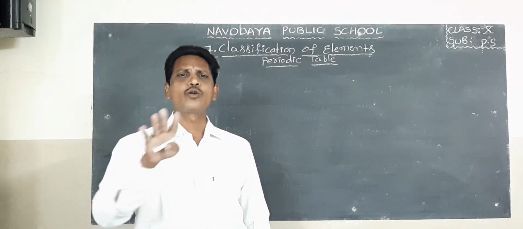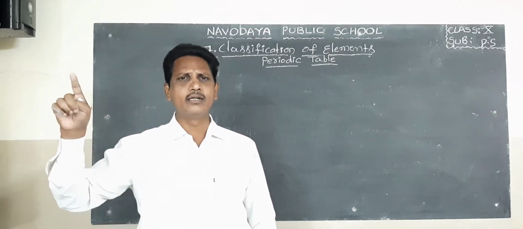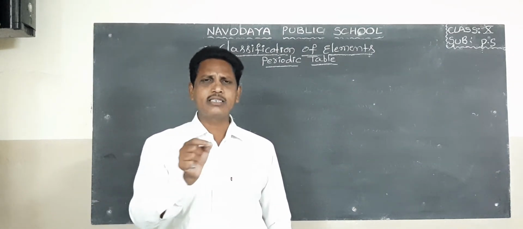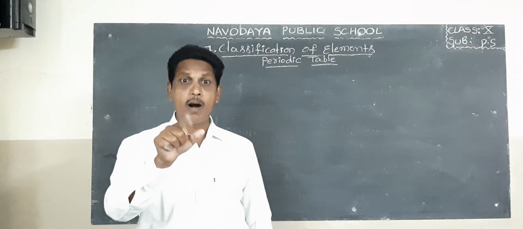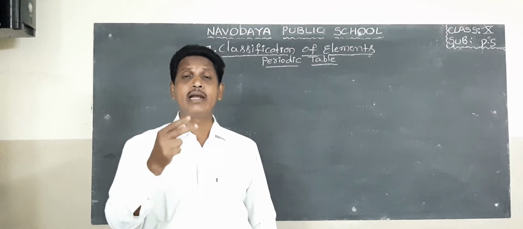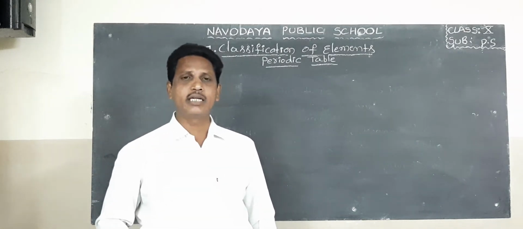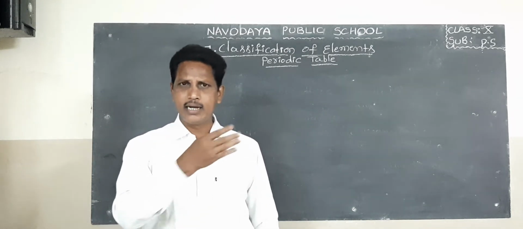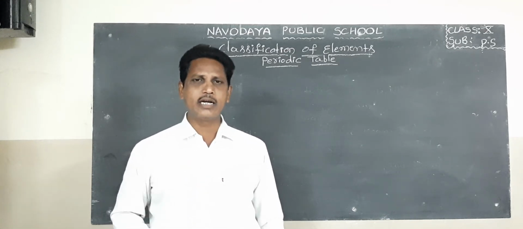Electronegativity equals ionization energy plus electron affinity divided by 2. That is the average. The highest electronegativity element is fluorine. Pauling introduced electronegativity values of some elements based on their bond energies. Electronegativity is also measured in electron volt.